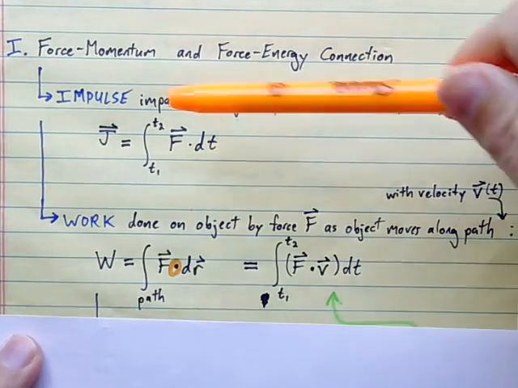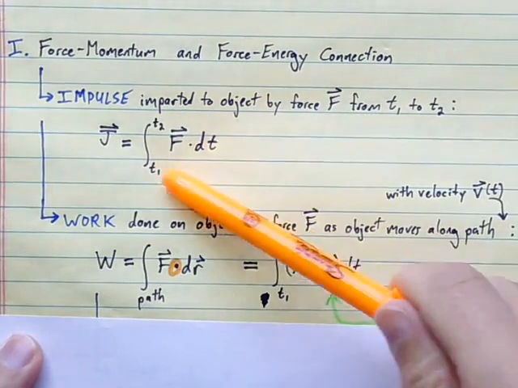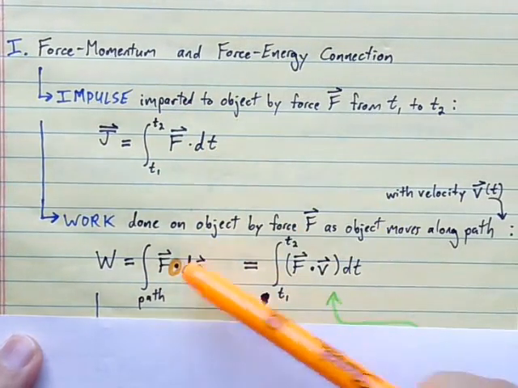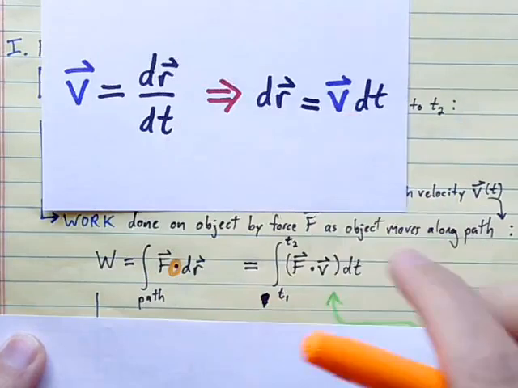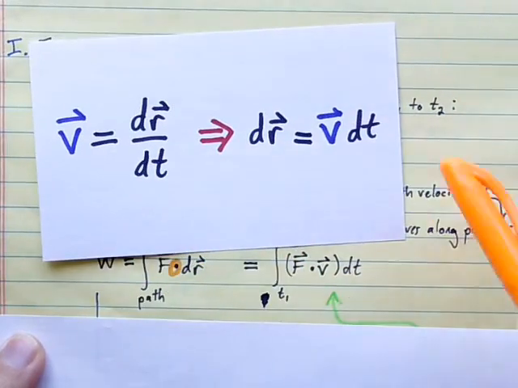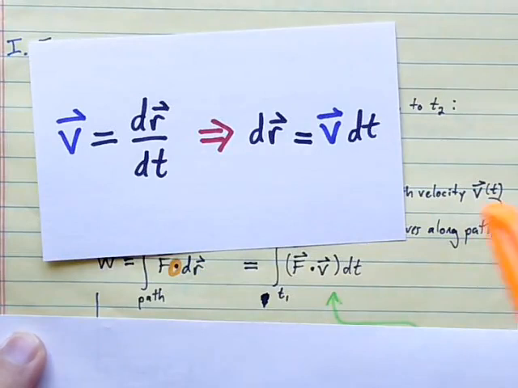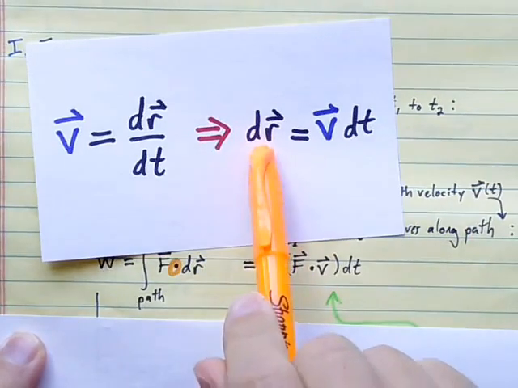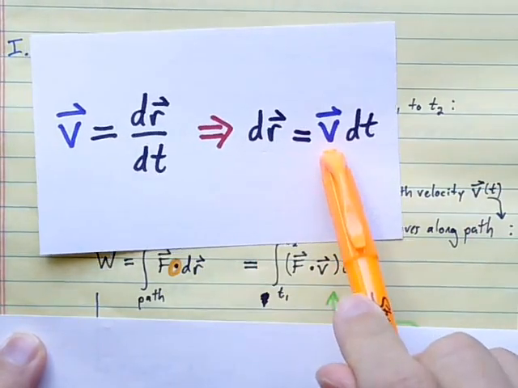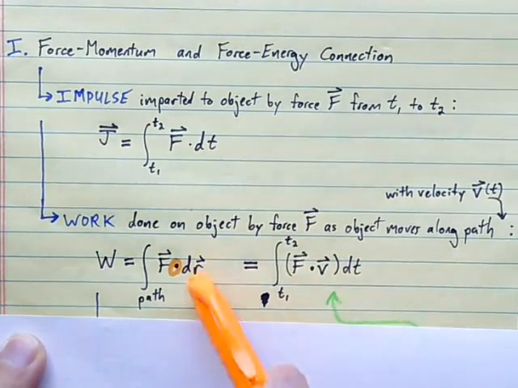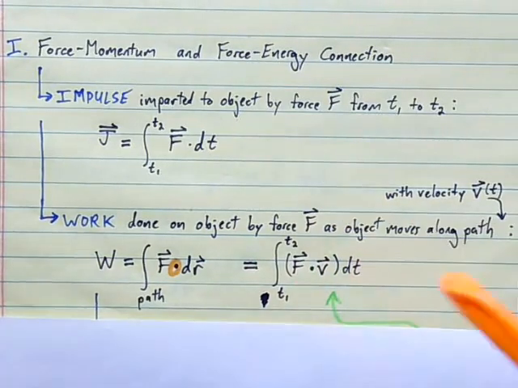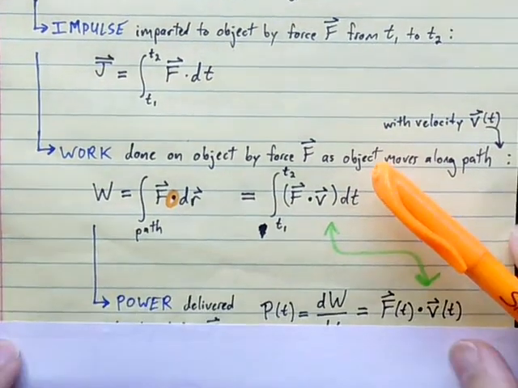So the impulse represents the force transferring momentum, work represents the force transferring energy, and that dr right there we can replace with v dt. So the infinitesimal displacement of your object is related to the instantaneous velocity of that object. So making that replacement, dr becomes v dt, and F dot v reminds us of power.